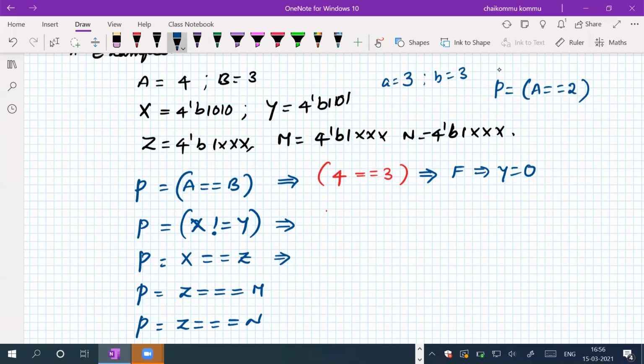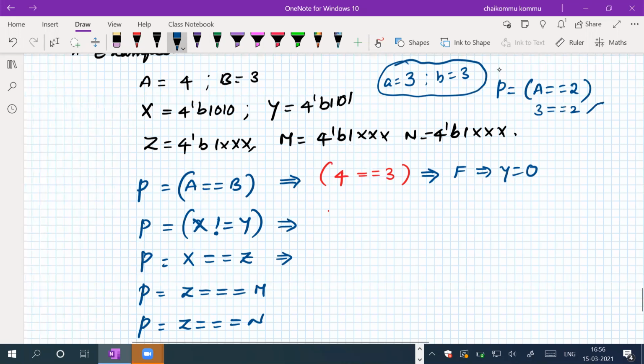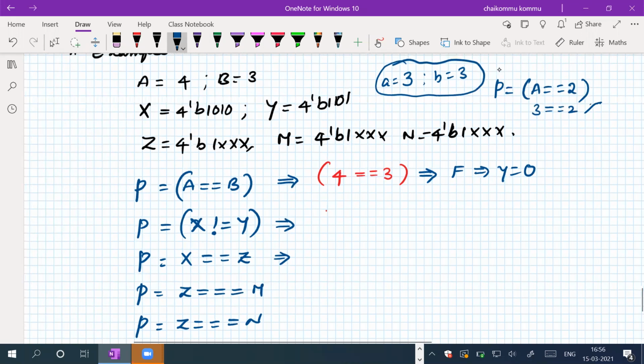In this case, I consider A and B something like this. What is the value assigned to P? The value is also false, that means 3 is not equal to 2. Therefore, variable values can be compared. That's what we get. Fine.